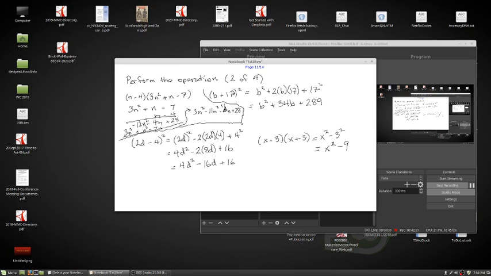So that's actually minus 11n and then plus 28. I just thought the verticalness of it might make it easy.